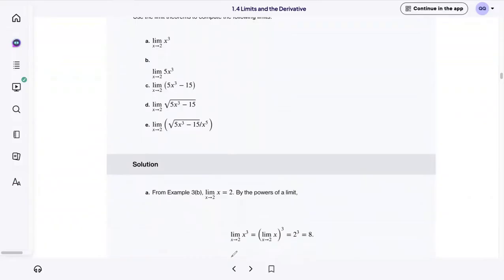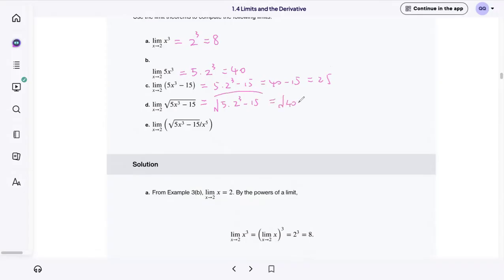Let's see these examples. Well, x raised to 3 is a polynomial function, we just evaluate: 2 cubed equals 8. Again, polynomial function, we do 5 times 2 raised to 3, 5 times 8, 40. Polynomial function of degree 3, 5 times 2 raised to 3 minus 15. That's 40 minus 15, 25. This one is the square root of 5 times 2 raised to 3 minus 15.